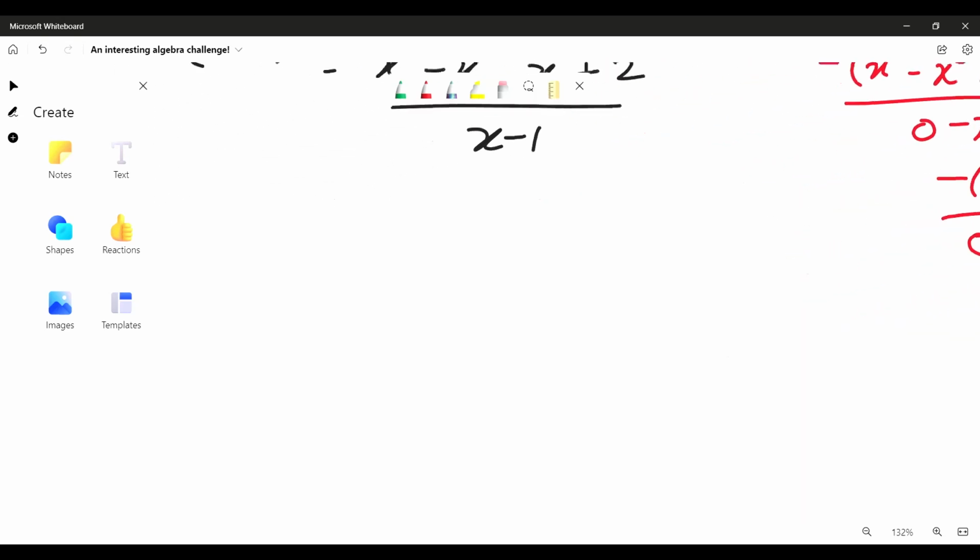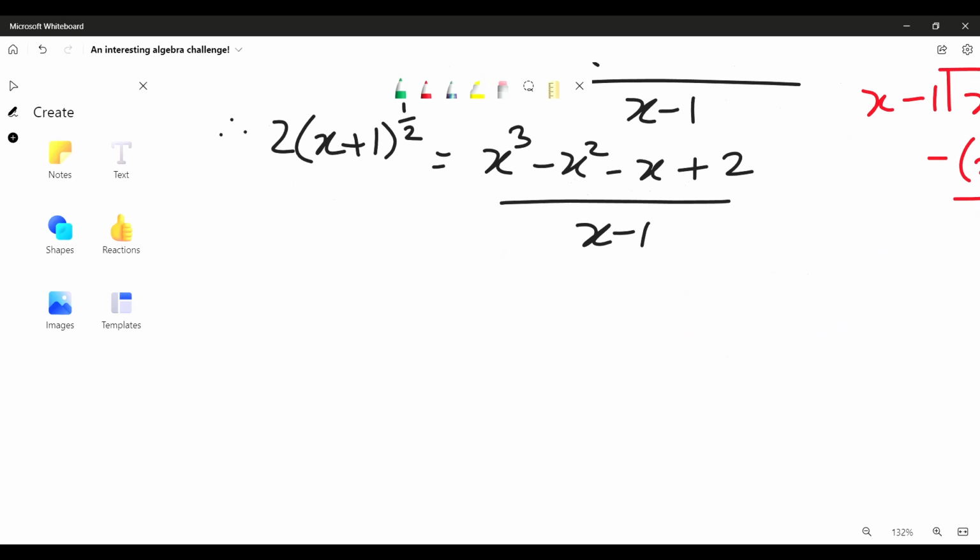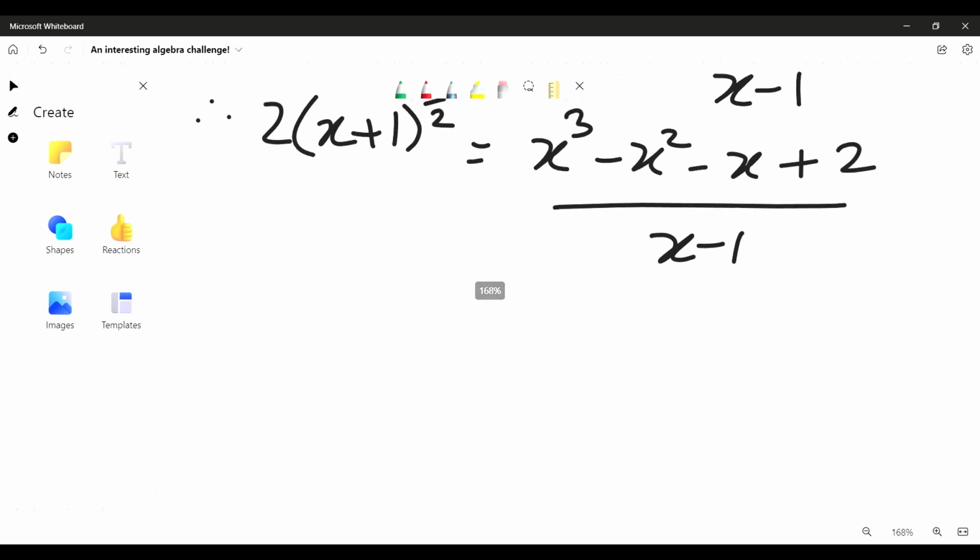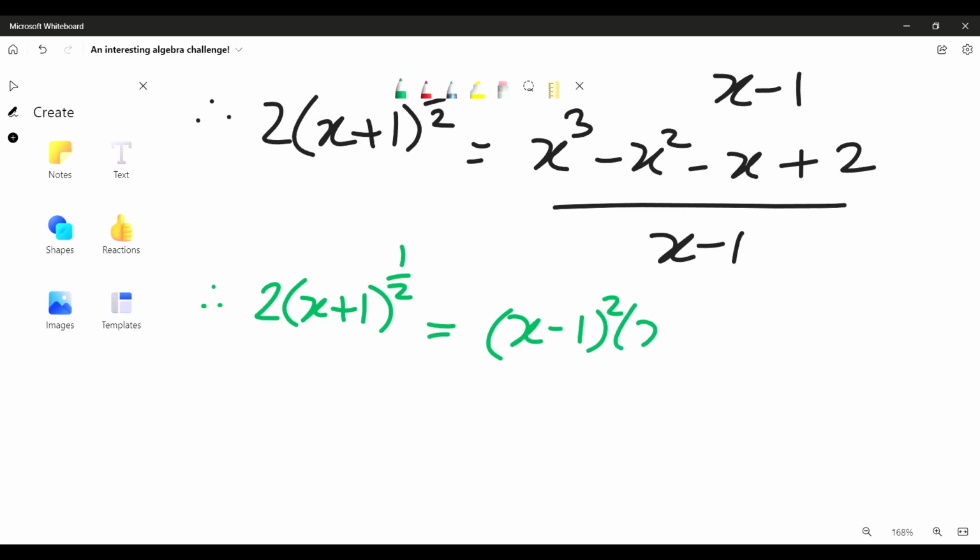So if we replace that here with what we got, we get 2 times x plus 1 to the power 1 over 2 is equal to x minus 1 squared, the difference of two squares, plus 1 over x minus 1. And now we're ready to square it.